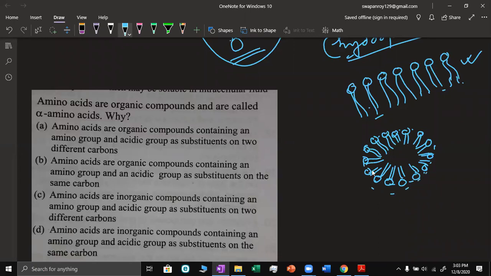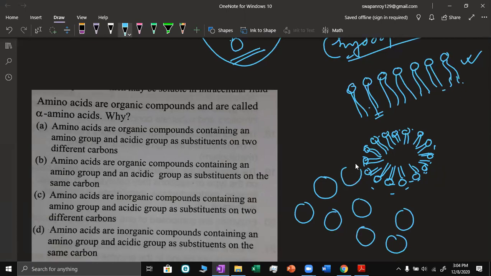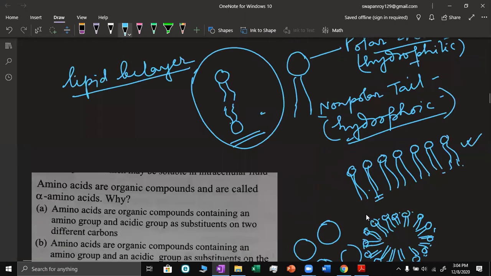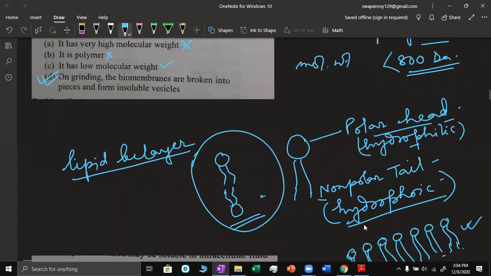So actually what happens is that the lipid molecules do not stay as single molecules; they form a large portion and make small vesicles. These vesicles cannot pass through the filter, and they behave like large molecules, so they remain with the other polymers.